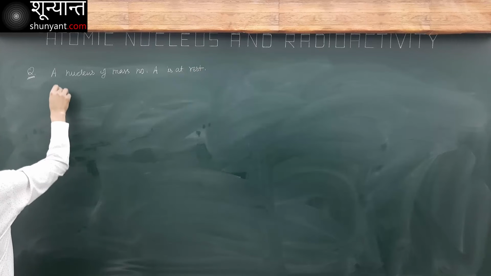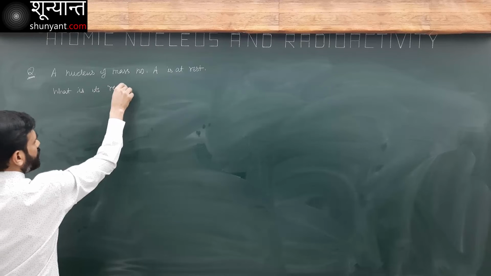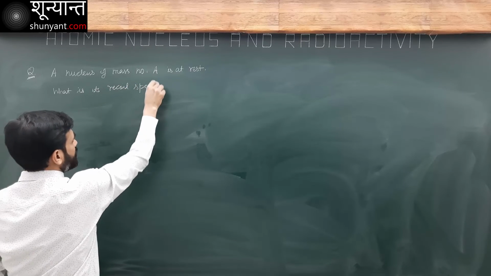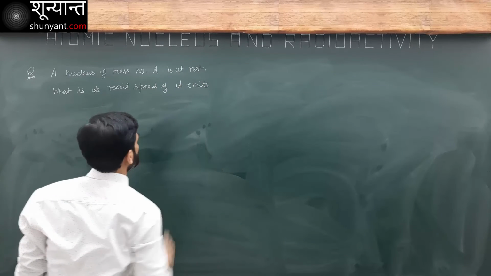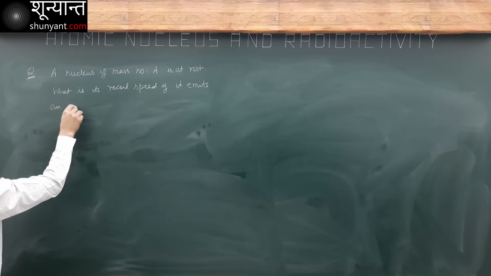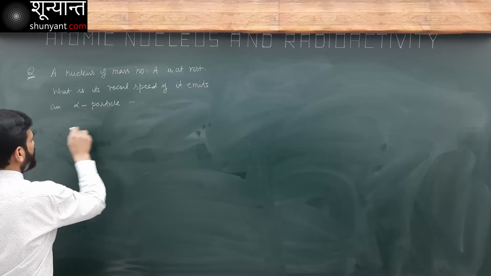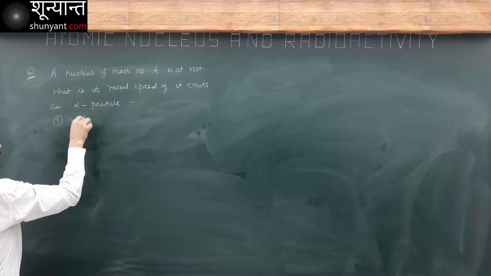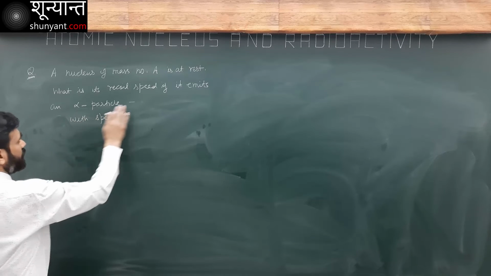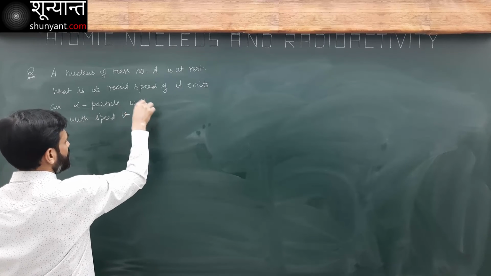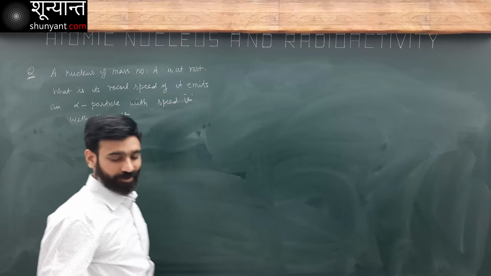What is its recoil speed if it emits an alpha particle with speed v? Let's do this only with speed v. A simple problem, last problem.